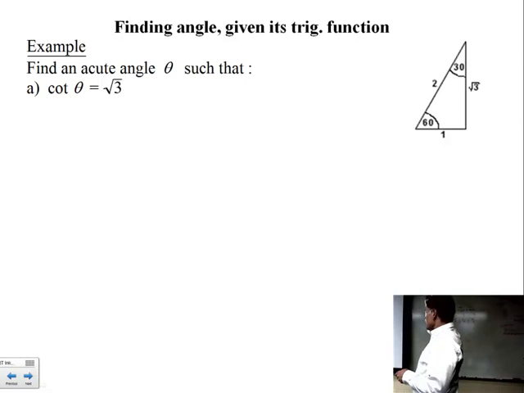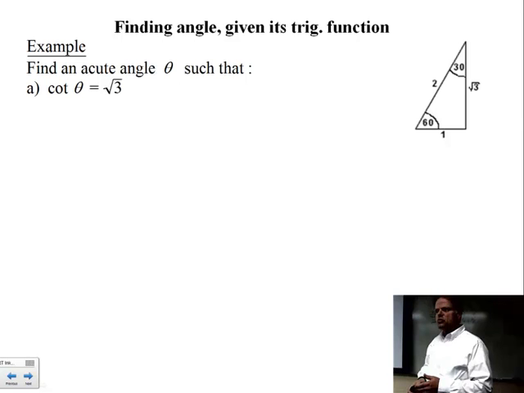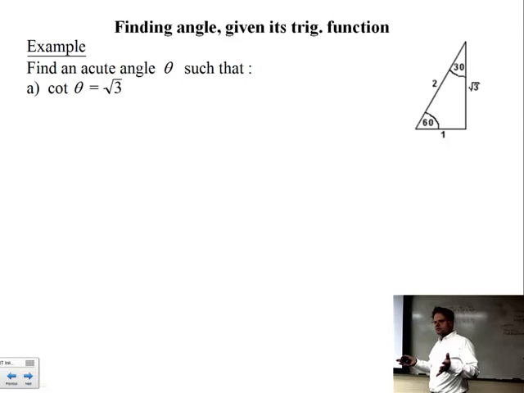Root 3 is a simple expression involving a square root, so it's probably going to be a special angle. Can you find a special angle that gives you cotangent of theta is root 3?